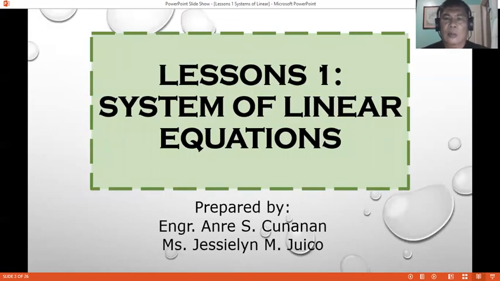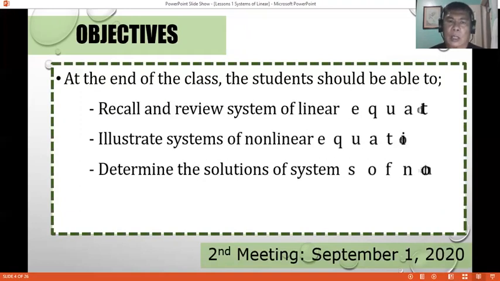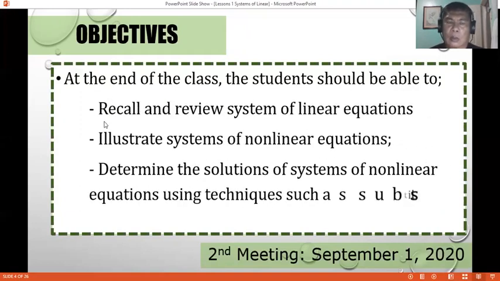Lesson 1 is about system of linear equations. At the end of the discussion, you as a student will be able to, this is our second meeting, September 1, last meeting is August 25. So second meeting is the first lesson. You will be able to recall, why recall?